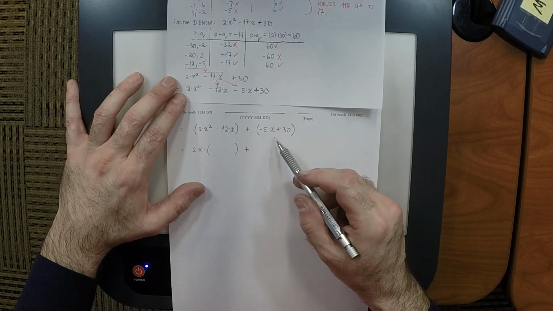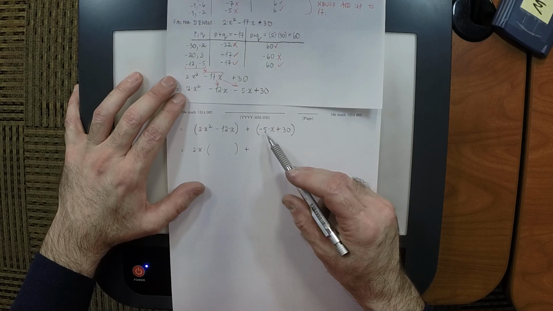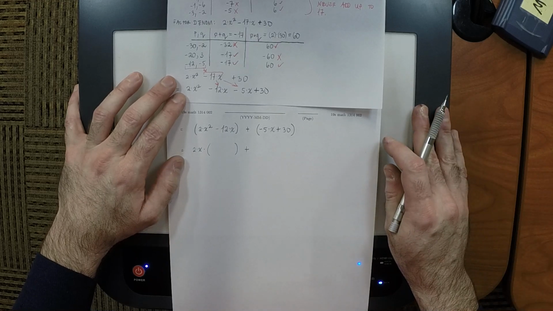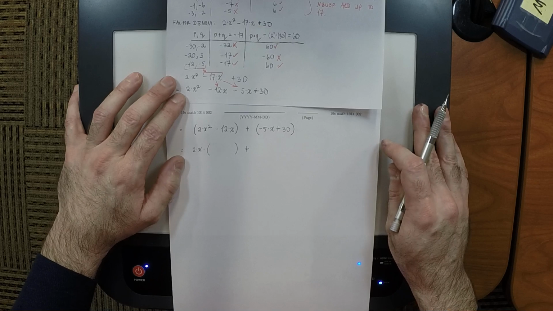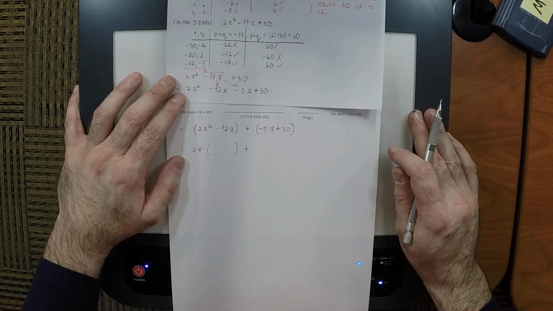We can't get any x's out because that one doesn't have any x's. But the coefficients are both divisible by 5 and negative 5 also. So you might think, it seems like I have a choice between 5 and negative 5. Which choice should we make?